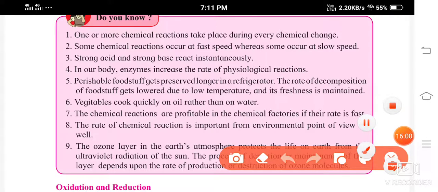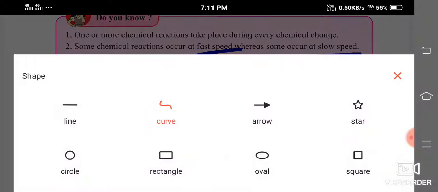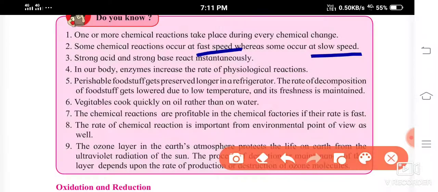Some chemical reactions occur at fast speed, whereas some occur at slow speed. Now strong acid and strong base react instantaneously. So you have seen the concentration of the reactant is going to speed up the reaction.